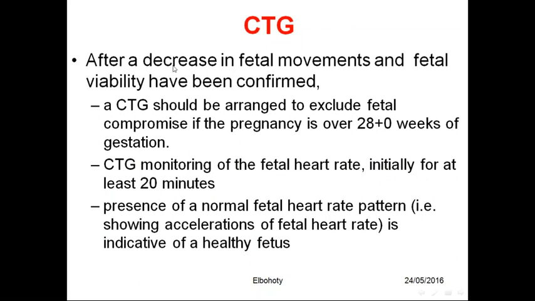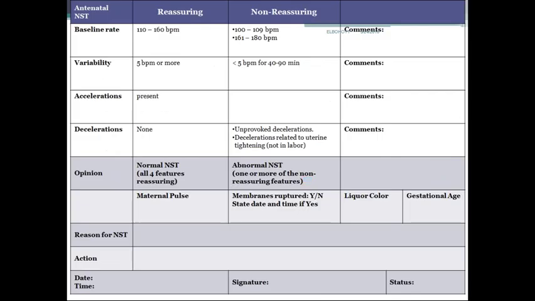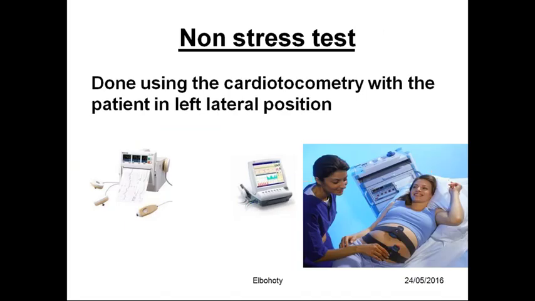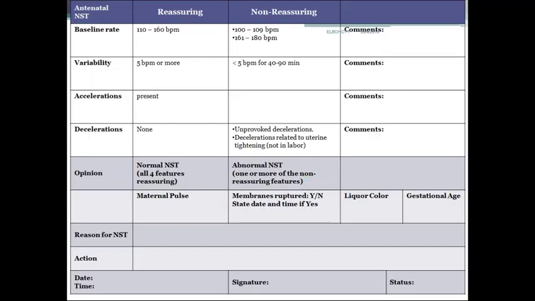And CTG should be arranged to exclude fetal compromise if the pregnancy is over 28 weeks, with CTG monitoring of fetal heart rate initially for at least 20 minutes. Okay, and it should be done in the left lateral position, and we will not accept any abnormality.